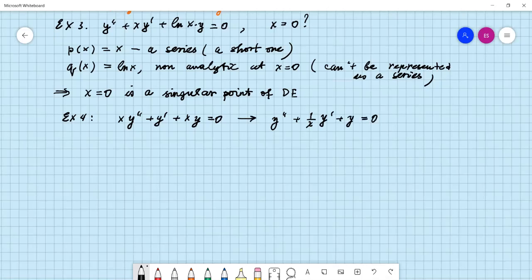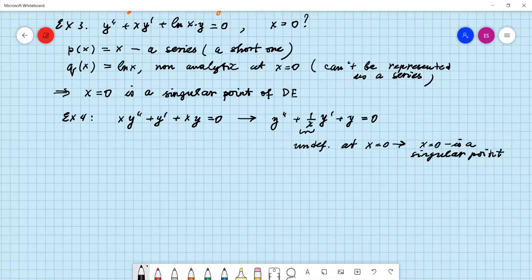I divided the whole equation by x to get rid of the coefficient of the second derivative. Okay, you see that this one is undefined at x equals 0. So x equals 0 is a singular point, because 1 over x is undefined there.